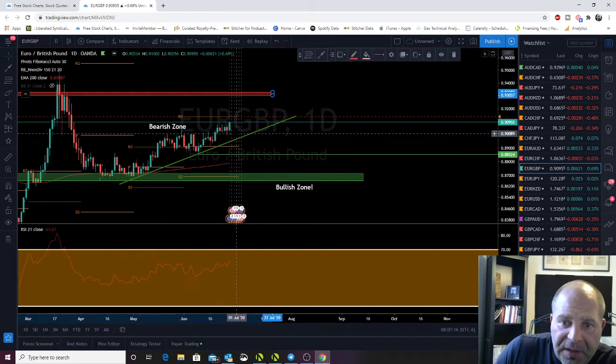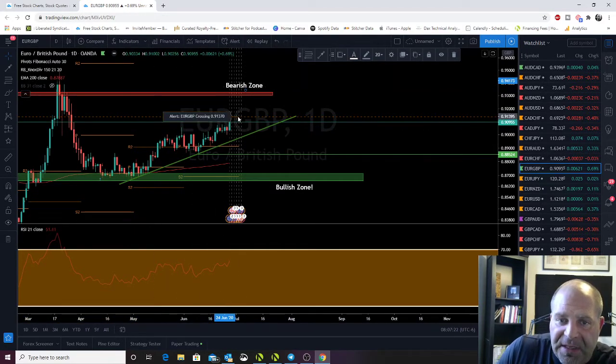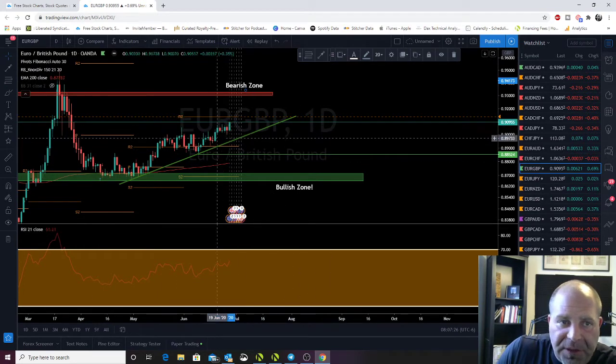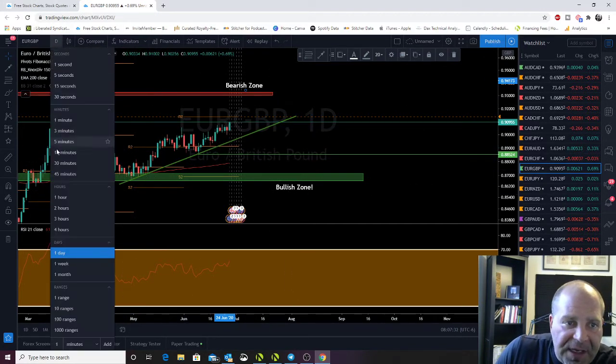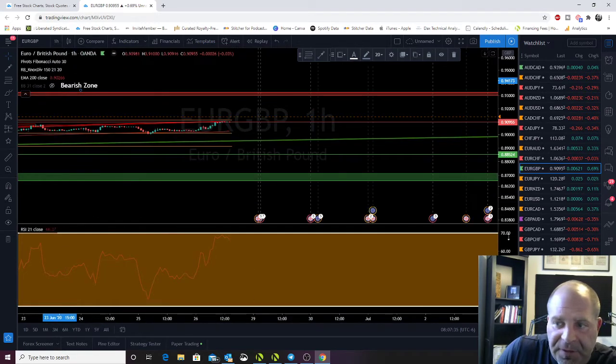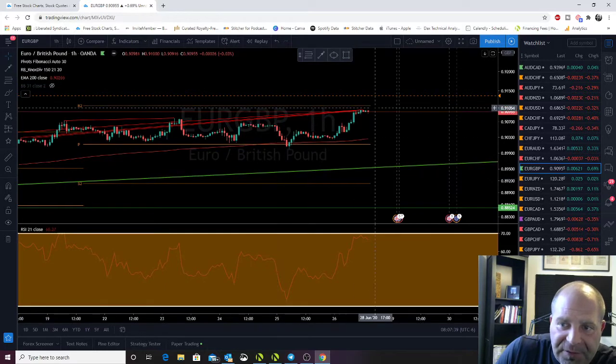Okay. I want to see what it does at this R2. We didn't get there last week, so we might get that touch and come back to the pivot, which would mean we're going to break this nice trend line. If we go down to the hourly chart, typically where I trade that style, we are basically getting ready to test R2 with lots of divergence.